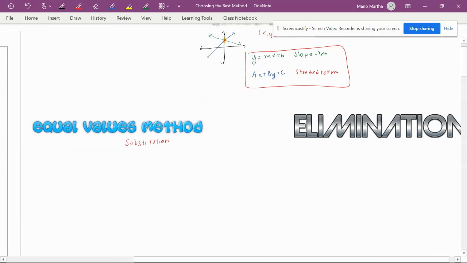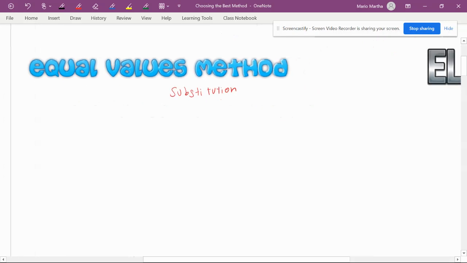A quick review of the equal values method, the substitution method: it works best if both equations are equal to the same thing, meaning both are y equals mx plus b. Both lines are in the same form, in this case slope intercept form.